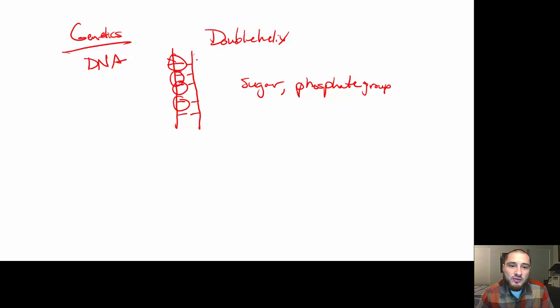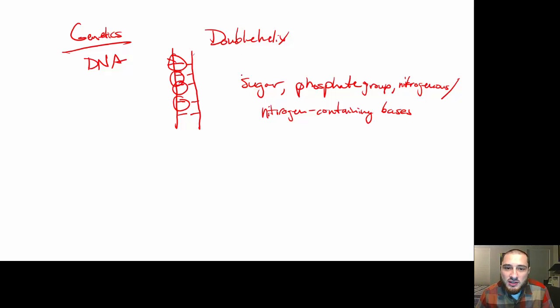All right, so that's really what's making up the vertical section of the ladder. But the horizontal section, the rungs of the ladder, are made up of these nitrogenous, or sometimes called nitrogen containing bases.